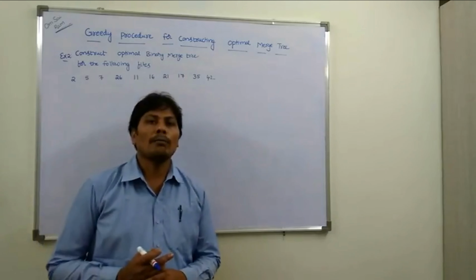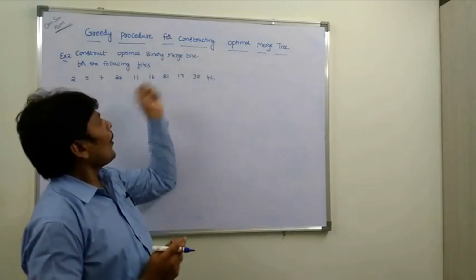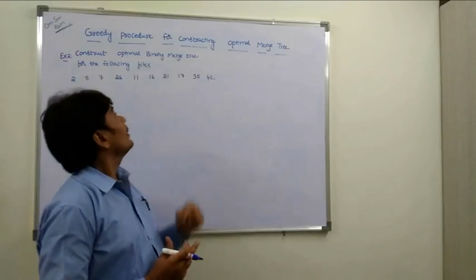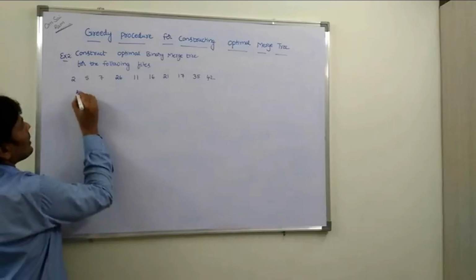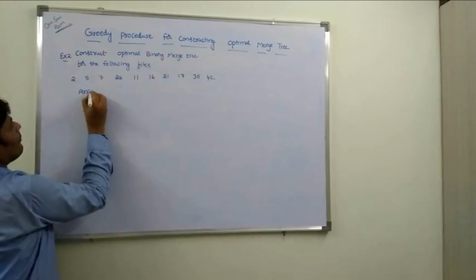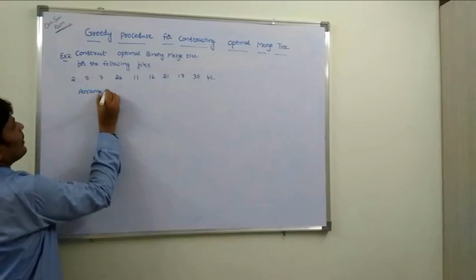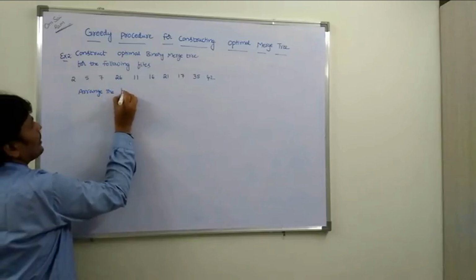So the next problem is: construct the optimal binary merge tree for the following files. So these are the files. First, arrange the files in ascending order.